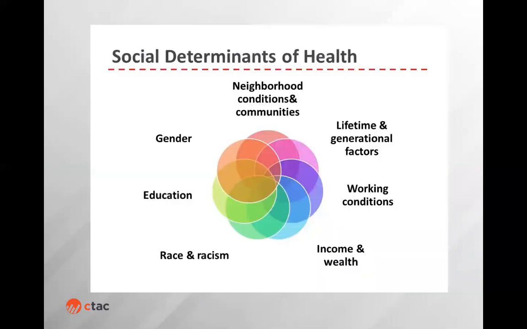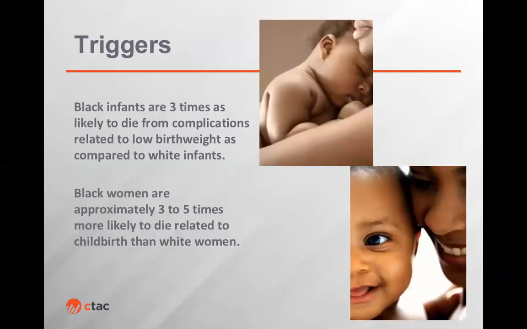All of these things do determine our health, from our neighborhoods to our working conditions to our education and so forth. If you need demonstration of that, we know for a fact that Black infants are 3 times more likely to die from complications related to low birth weight as compared with white infants. We also see this devastating study where, around the country, Black women are 3 to 5 times more likely to die in childbirth than white women.